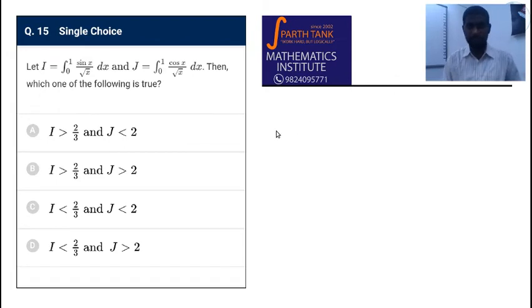Question number 15, interesting question. Let I be the integral from 0 to 1 of sin x by root x dx and J be the integral from 0 to 1 of cos x by root x dx. Now first of all, remember the integrals sin x by root x, cos x by root x are not integrable analytically. There is no easy, direct way to integrate them.